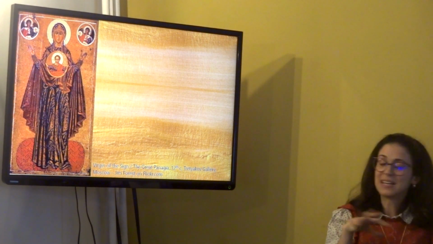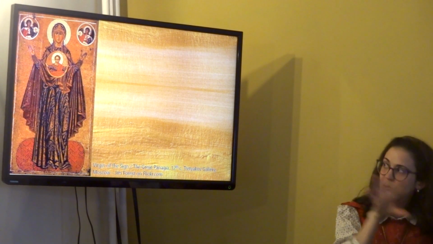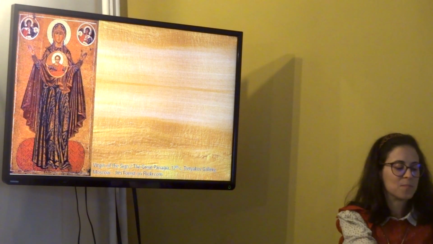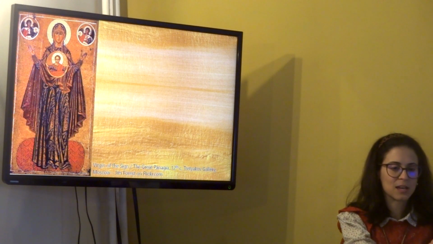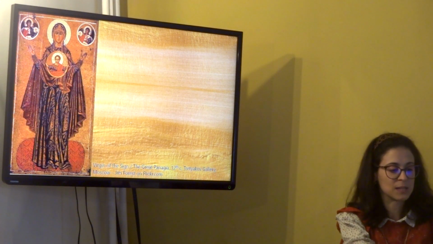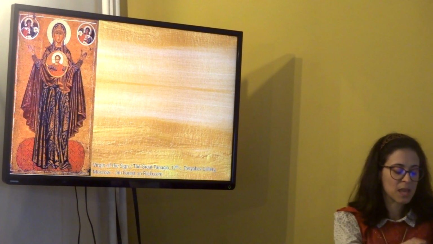Our Lady of the Sign is actually a subtype of the Oranta, and is the most popular. It comes from Isaiah chapter 7, verse 14, I think, which is: the Lord himself shall give you a sign. Behold, a virgin shall conceive and bear a son, and his name shall be called Emmanuel.